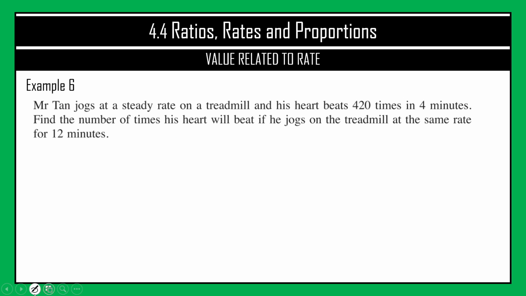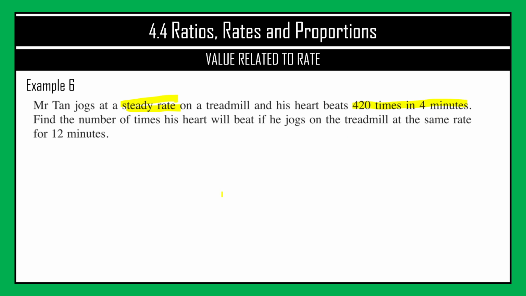There is an important keyword here, which is a steady rate. Steady rate is important for this type of proportion. Steady rate means it will be the same throughout the jogging time. And from the information, I know that 420 beats for 4 minutes.